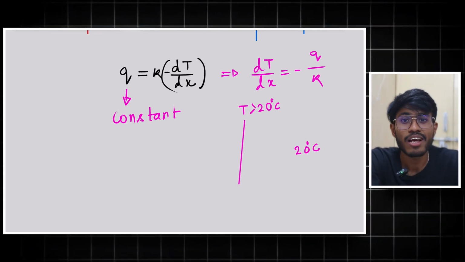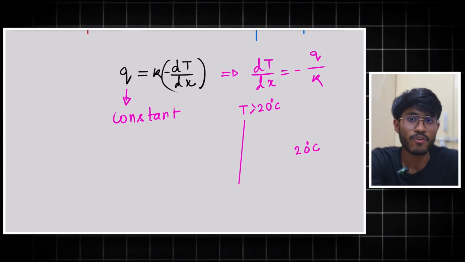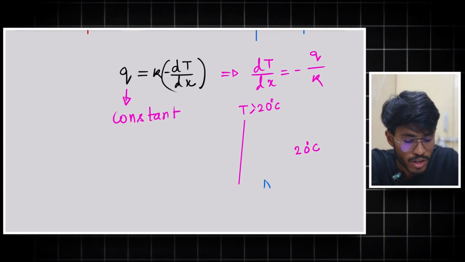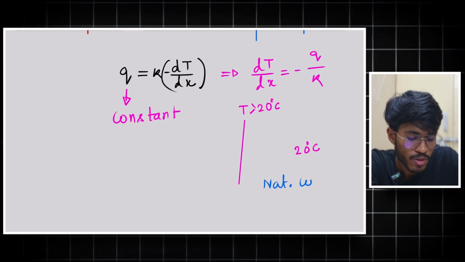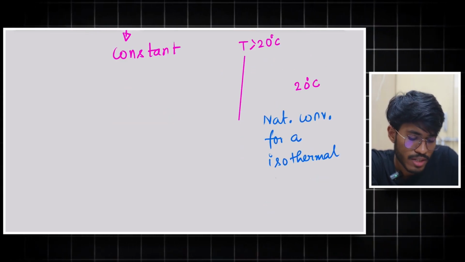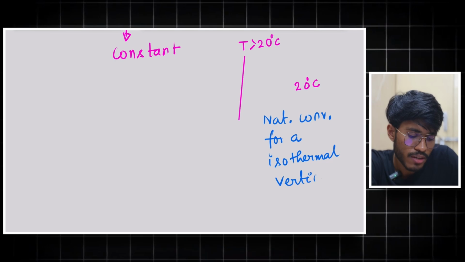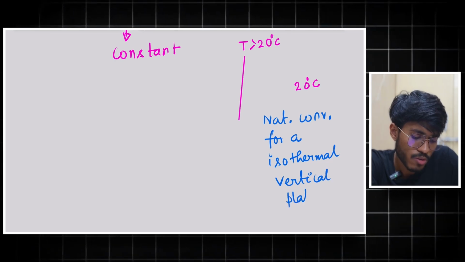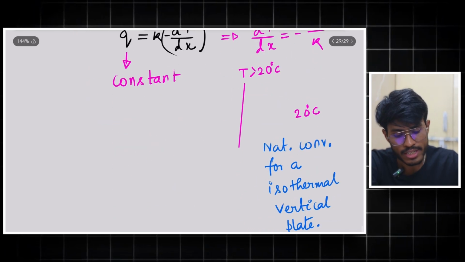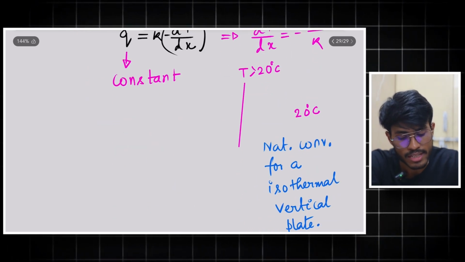You have studied the case of natural convection for a vertical plate, and this is the same case. So this is natural convection for an isothermal vertical plate. So let me draw it here. Now this is the case scenario.